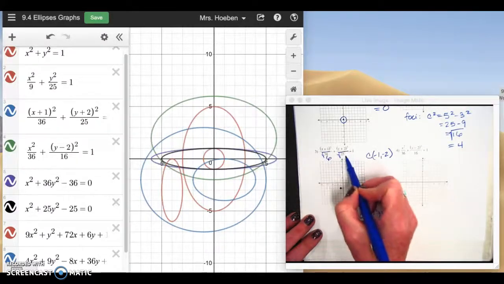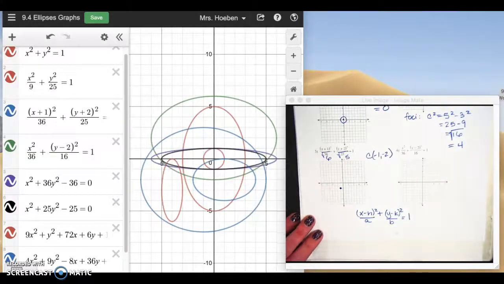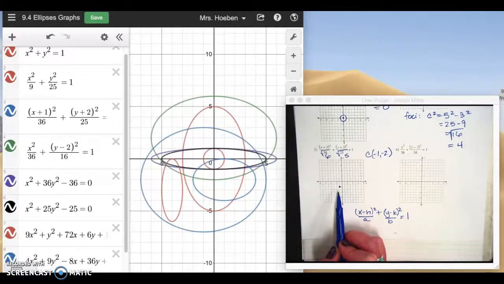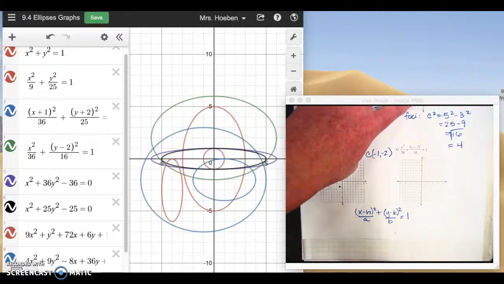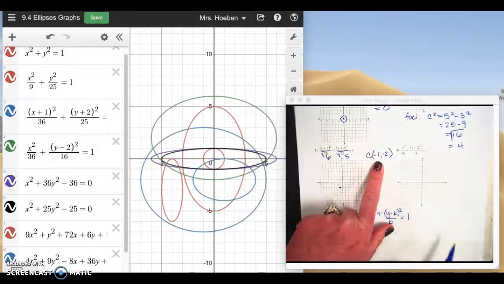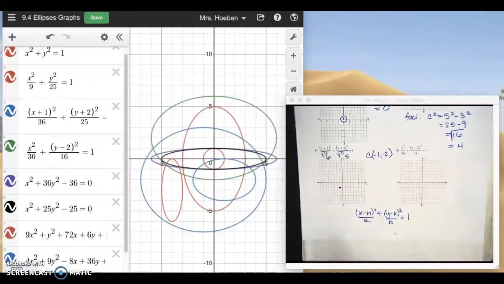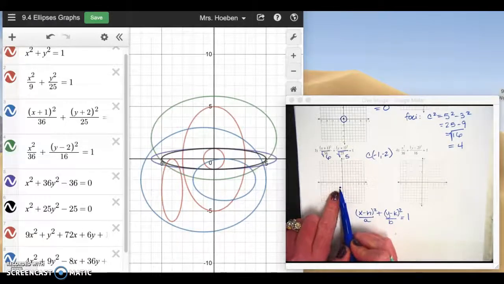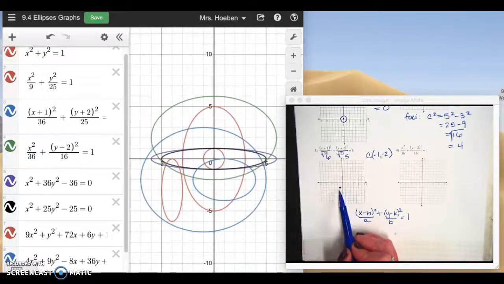Take the square root of this. This one's going to stretch 5. We're going to start from the center. In the last one, we started from the origin at 0, 0, which makes it nice and easy. But when your center is moved, you have to count from that center. You can't count from the origin.